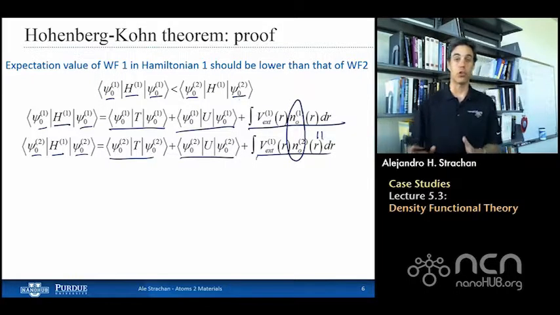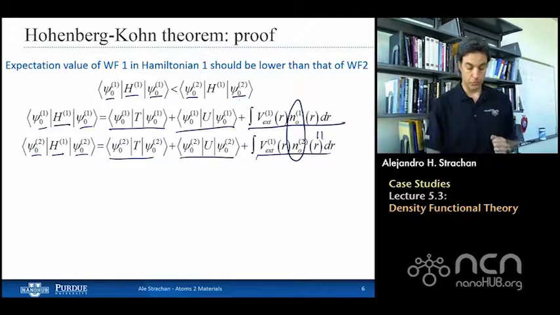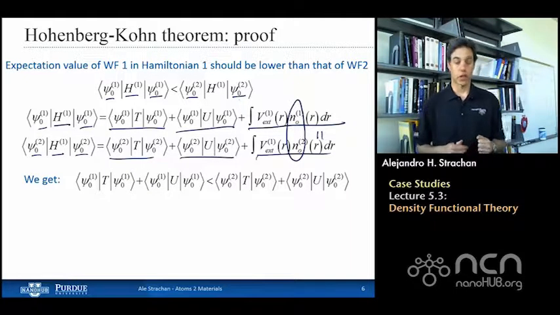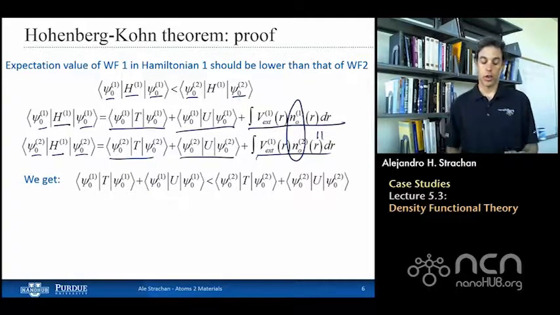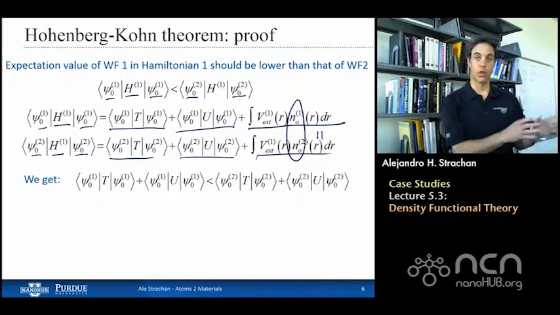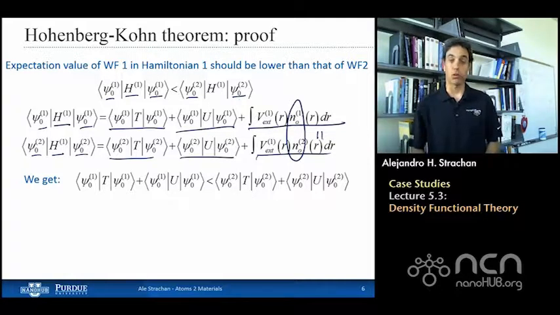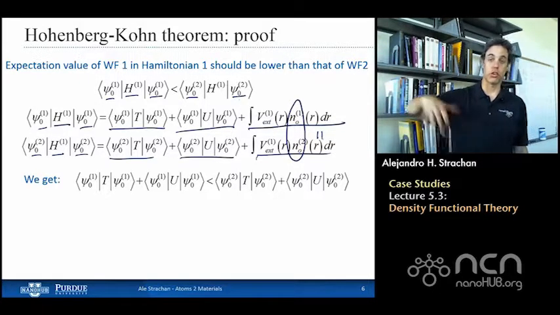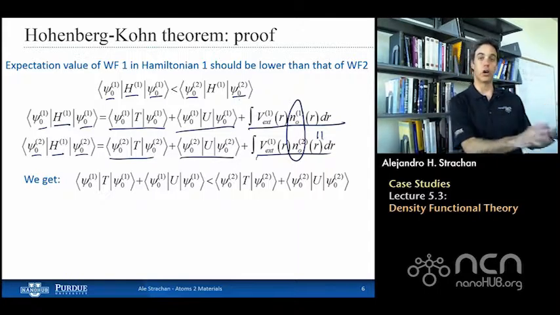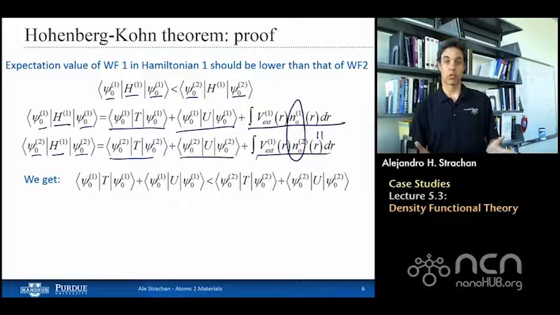The contribution of the external potentials is the same for both systems. That means that the first two terms, the kinetic and the potential energy, need to be less when I use wave function 1 than the first two terms when I use wave function 2, because the external potential is gone. So only the homogeneous terms need to capture this difference. Sounds good.